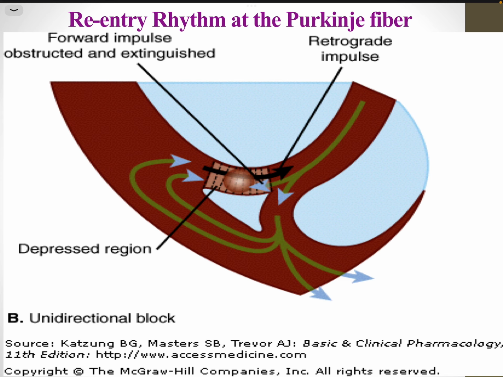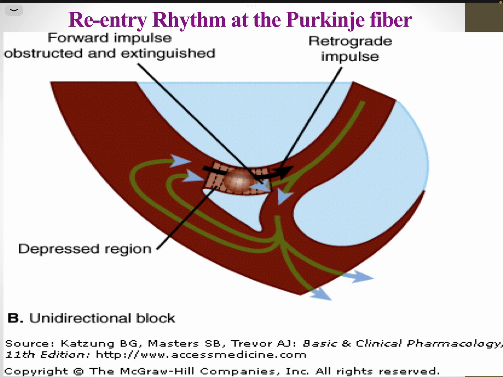Re-entry rhythm occurs in different areas of the heart. It can happen in the AV node, and we call it a nodal tachycardia in that case, or it can happen in other sites. That's called AVRT, atrioventricular re-entry circuit.